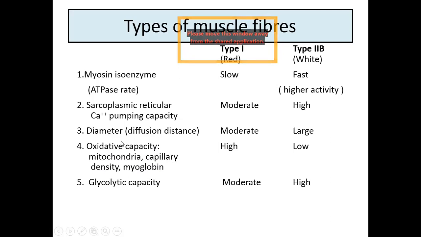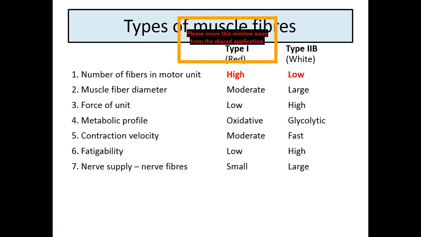All these help the oxidative capacity in type 1 fibers. We don't have many mitochondria, much capillary density or myoglobin in the type 2B fibers, so they rely on glycolysis for ATP, and therefore they are called glycolytic fibers.